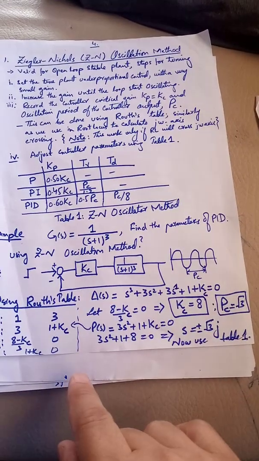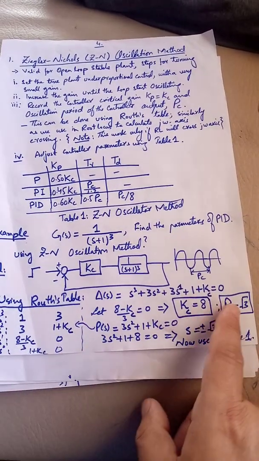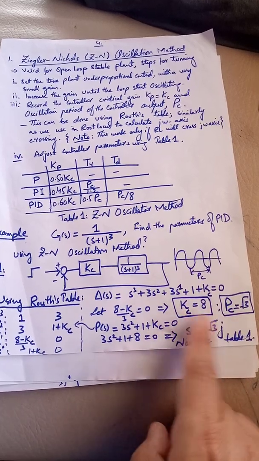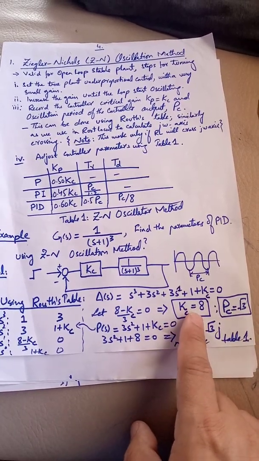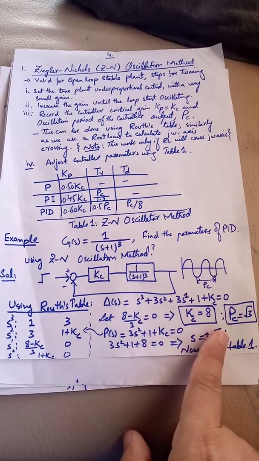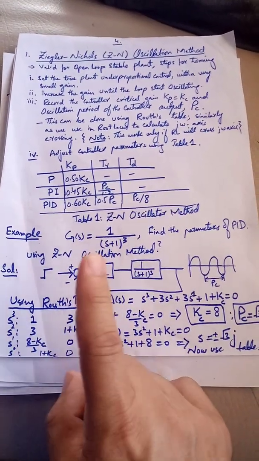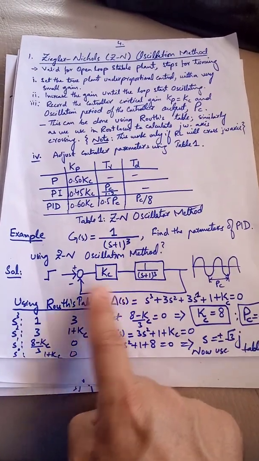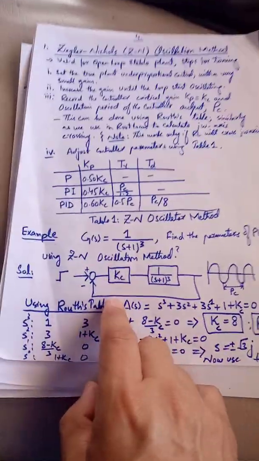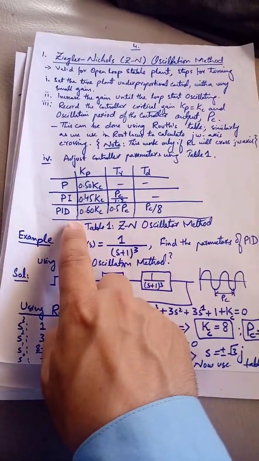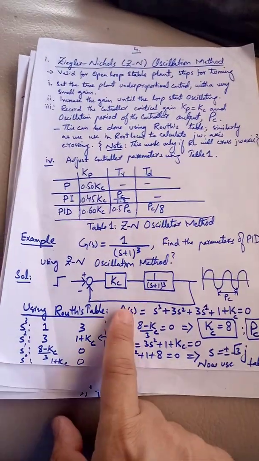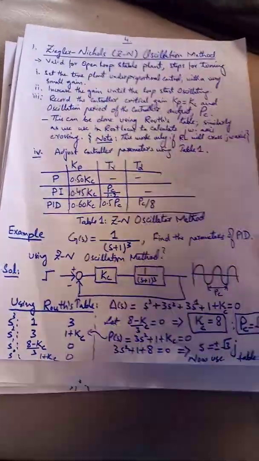Okay, now this is the frequency. From here we have 8 and root 3. Now we will use the table and solve this, tuning the P, PI and PID controllers for this example. So this is the first method.